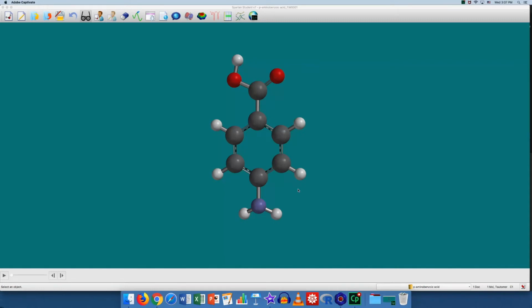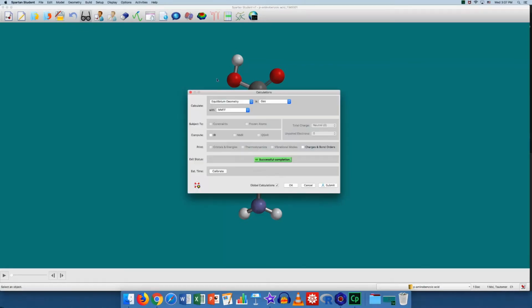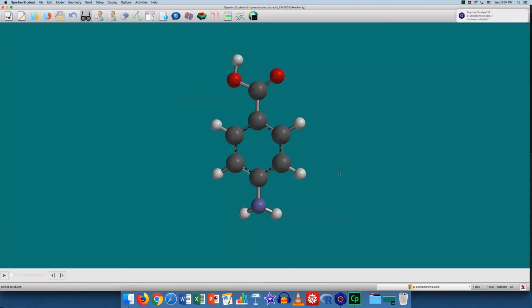It is important to remember that the absolute energy value from your calculation is only useful when compared to a result from a different configuration or compound using the same calculation methodology. So what I mean by that is, for example, if you go to calculations and with the same configuration of the hydrogen pointing upwards, you run a PM3 test instead of MMFF, you will get different results.